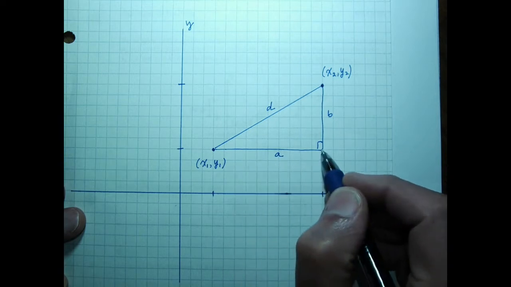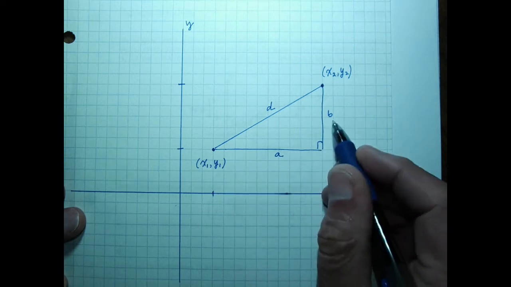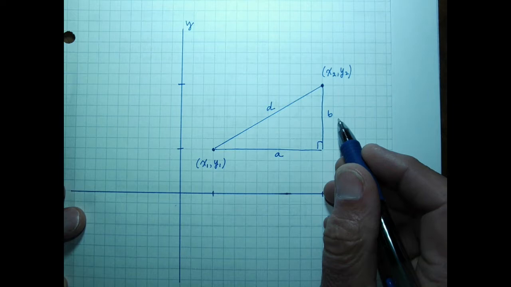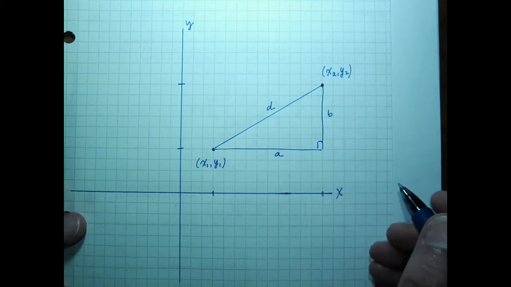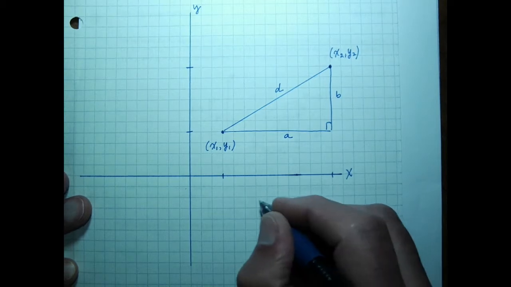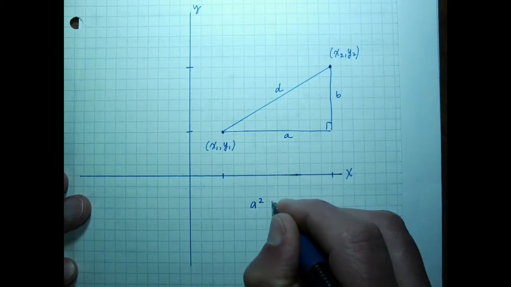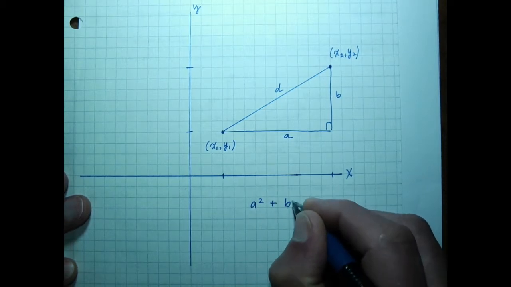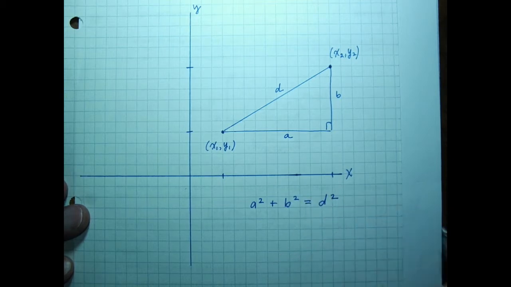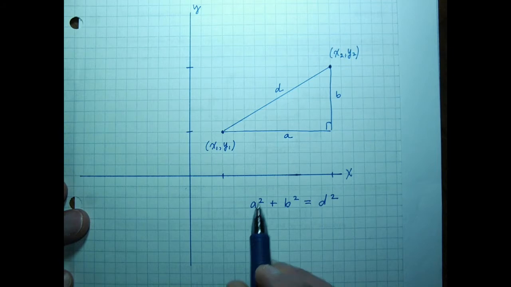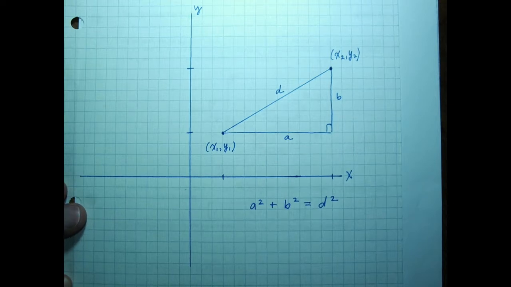The Pythagorean theorem tells us that the sum of the squares of the legs of a right triangle is equal to the square of the hypotenuse. So in this picture, the Pythagorean theorem would be a squared plus b squared equals d squared. If we know the lengths a and b, we can figure out the length d using this formula.